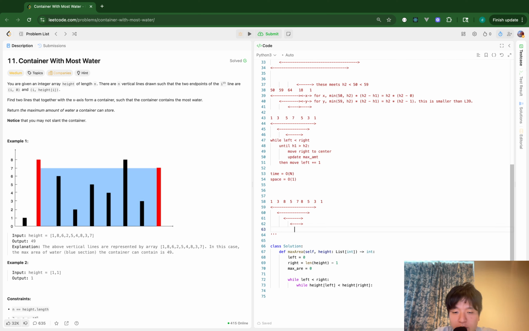Okay. Then I move the left pointer and it starts from here. And now it exists 7, so I just keep this. Good. Okay.